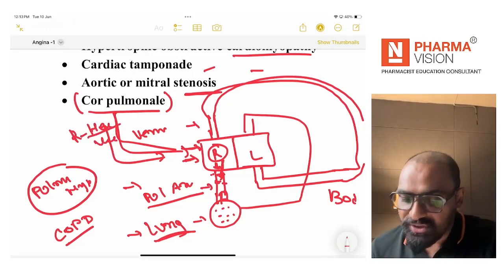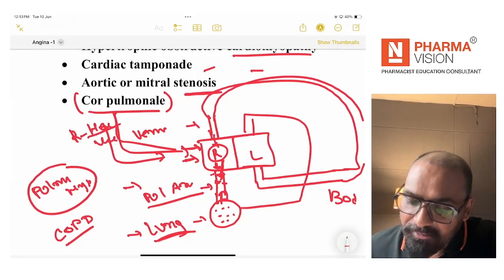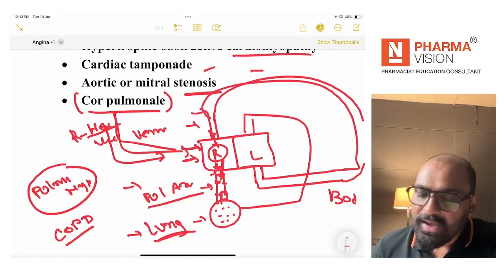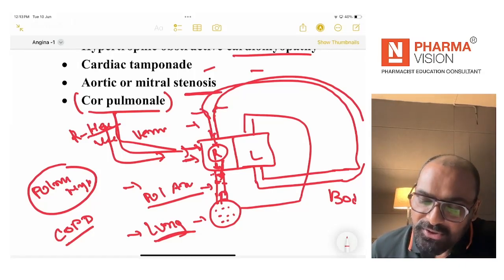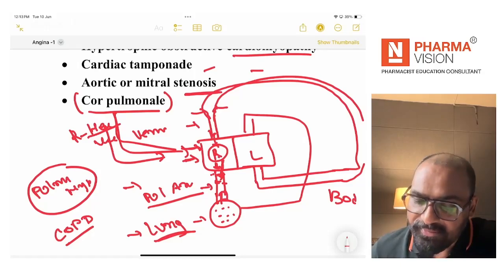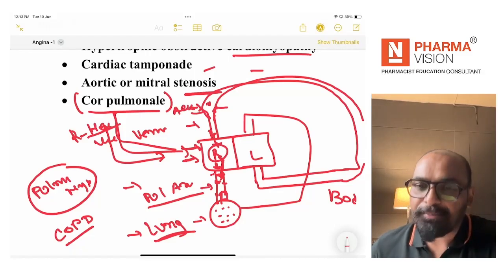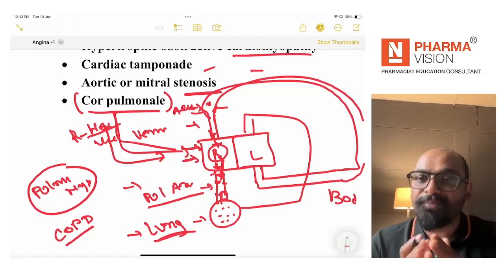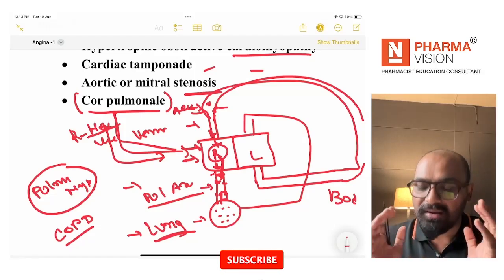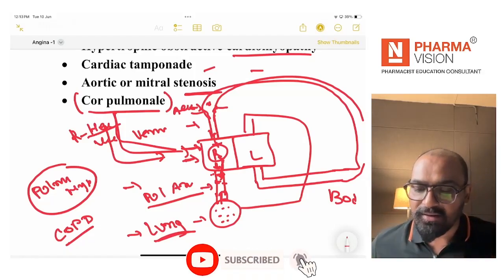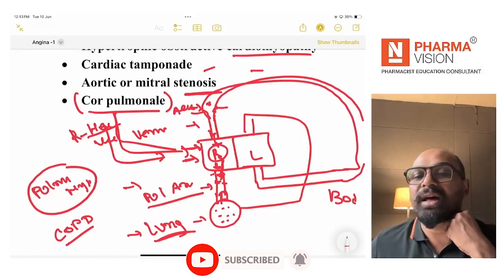In this situation, the pressure starts building up here. That means the right ventricle is not able to receive more fluid, and the right atrium is not able to receive more fluid. That means the venous blood starts accumulating, and that's why the patient develops pedal edema, the liver also develops hepatomegaly, and jugular vein distension.